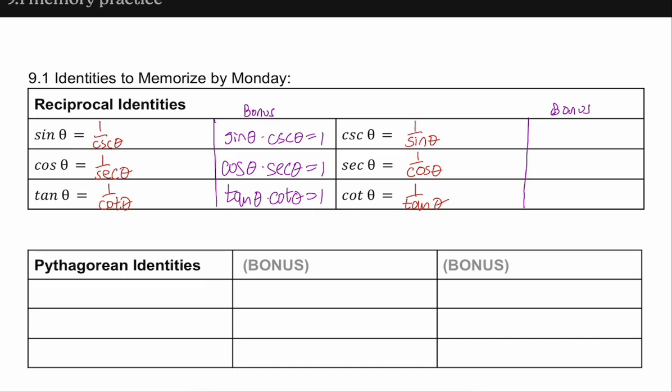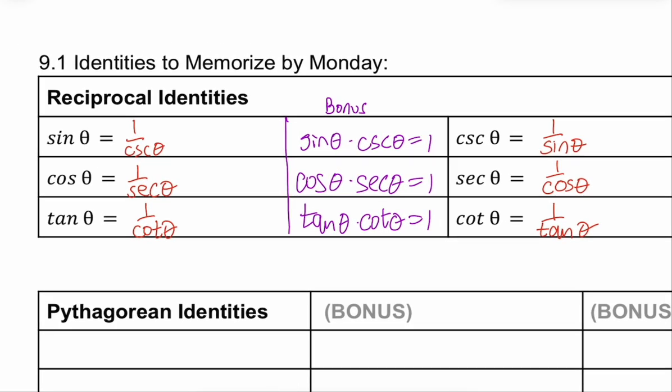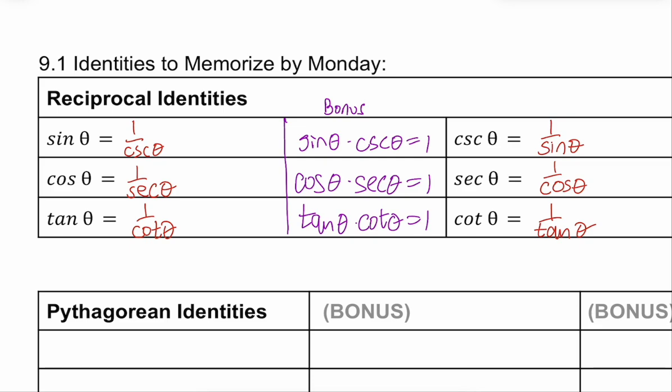There's just 3 rewrites for that particular one. So if you cross multiply, sine times cosecant is equal to 1, cosine times secant is equal to 1, and tangent times cotangent equals 1. Get yourself some bonus points by giving me those 3 rewrites for our reciprocal.